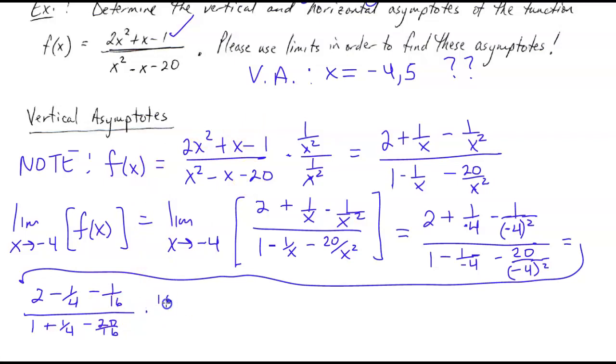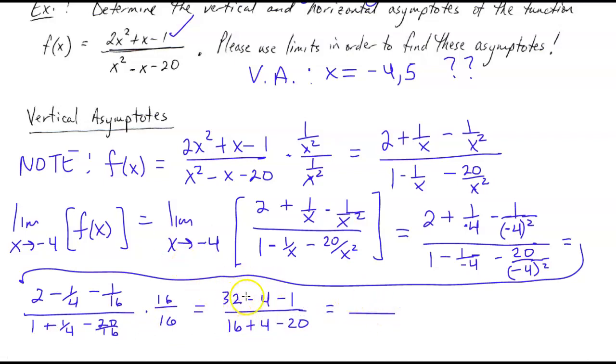And just to make doing the math a little bit simpler, I'm going to multiply numerator and denominator by 16. So I'll have 32 minus 4 minus 1 all over 16 plus 4 minus 20.